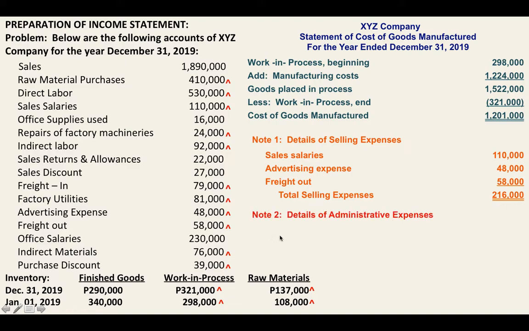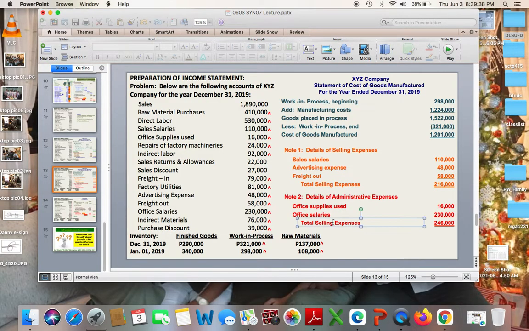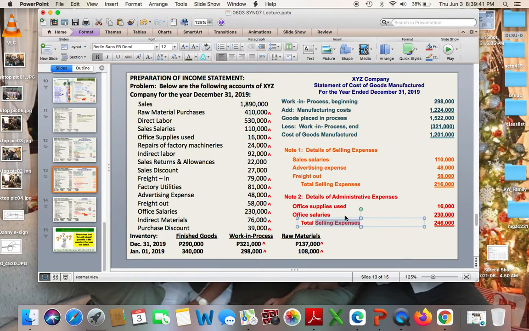Now, our note 2 requires details of administrative expenses. So our administrative expenses will be office supplies used of 16,000, and then office salaries of 230,000. So our total, I'm sorry, this is supposed to be total administrative expenses.